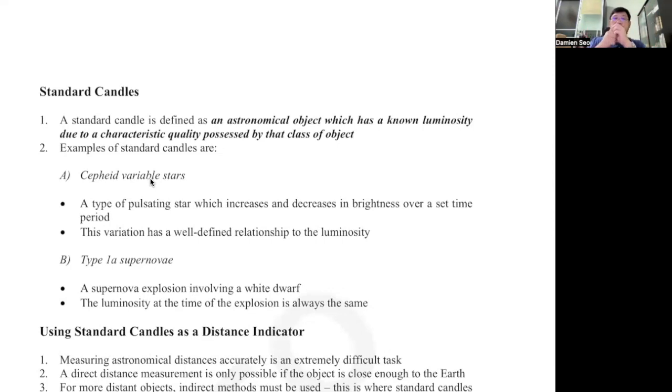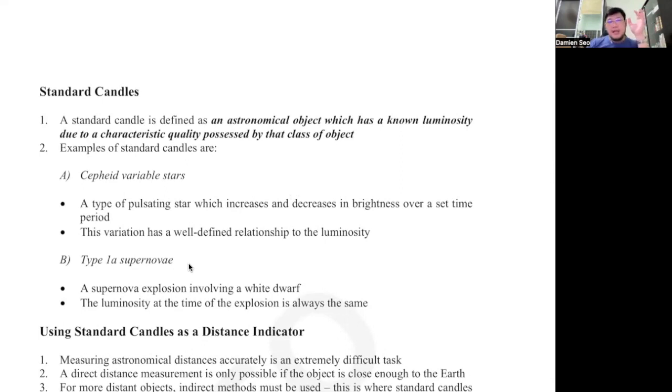When you're observing the star, it's not constant brightness. And the period, how long it takes to become brighter and less bright, whether it's fast or slow, will determine the luminosity, so they can calculate that. Don't worry, the formula is not in our syllabus. But based on the period, they can calculate the luminosity.